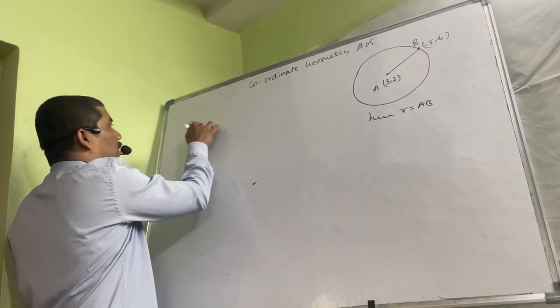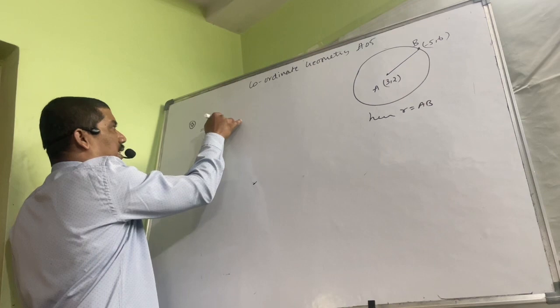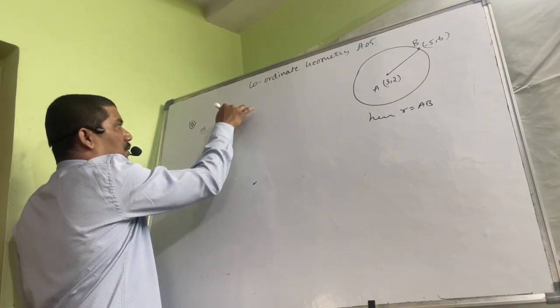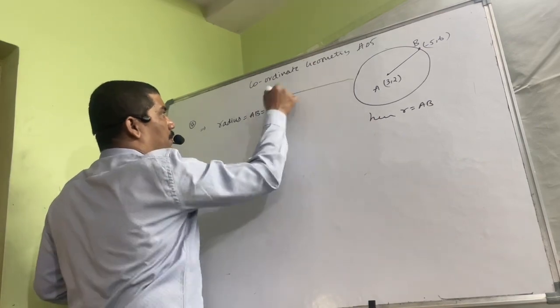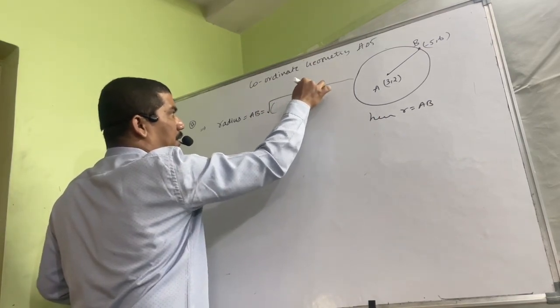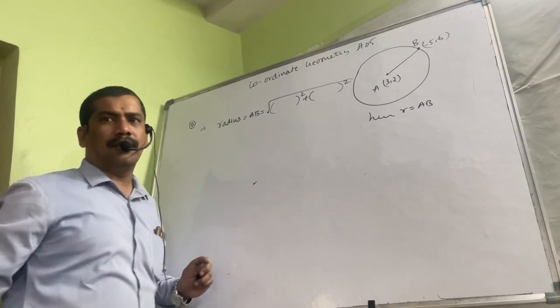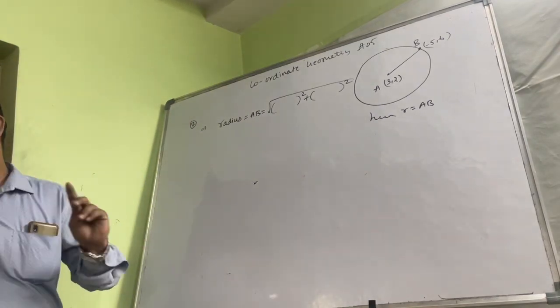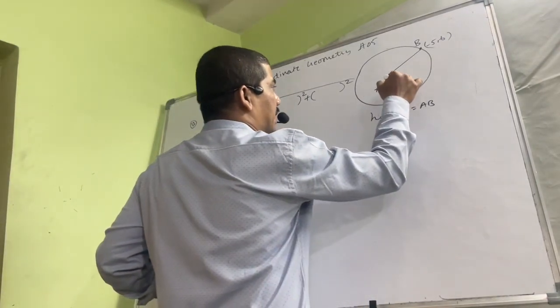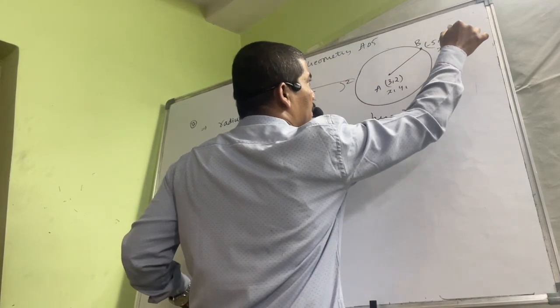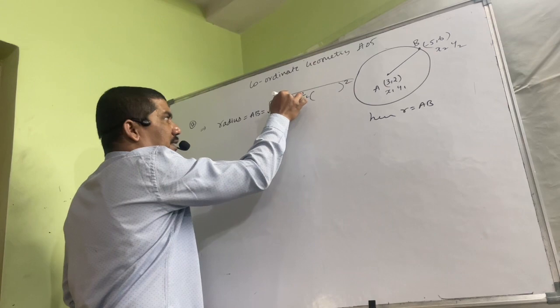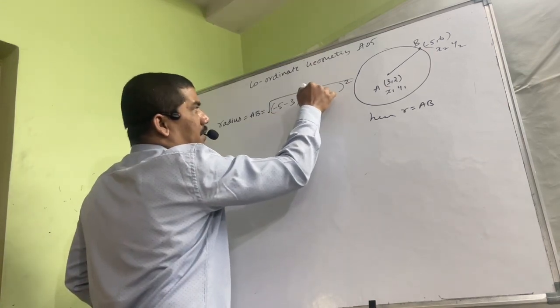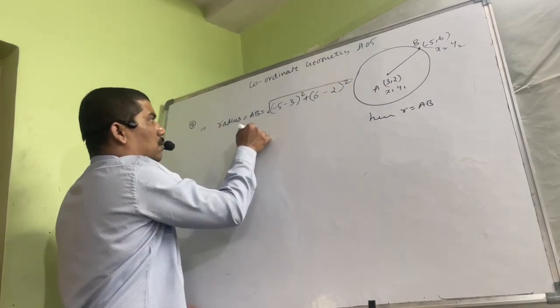So therefore we know the distance formula, I'm not writing it in full. Radius is equal to AP, which is the square root of (x2 minus x1) whole square plus (y2 minus y1) whole square. Distance formula I write down. Right. So this is x1, y1, x2, y2. So our x2 is minus 5, our x1 is 3, our y2 is 6, minus our y1 is 2.